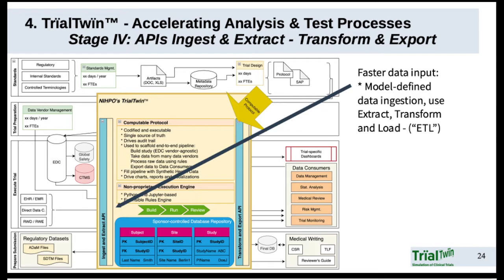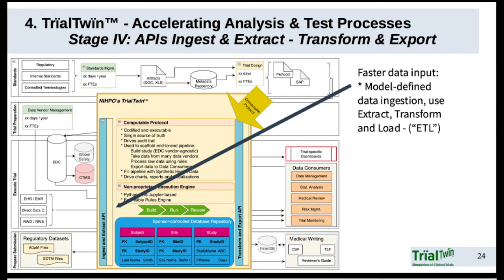Stage 4, we build ingestion and extraction APIs, application programming interfaces. What this means is that using the computable protocol, we build models of how to ingest data from external sources. And this could be hundreds of different labs and data providers, interfaces to EMRs, interfaces to real-world data.